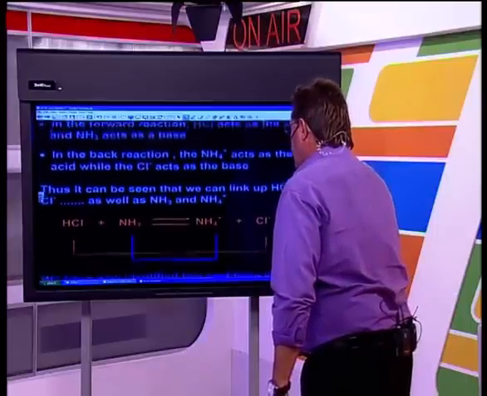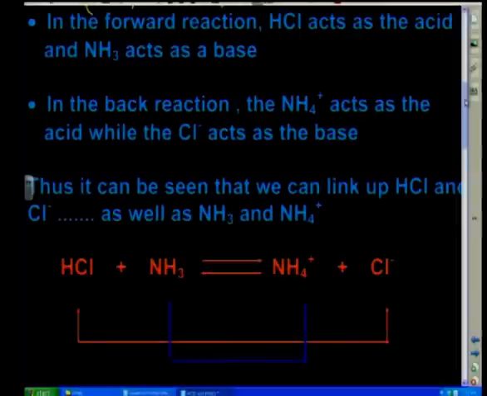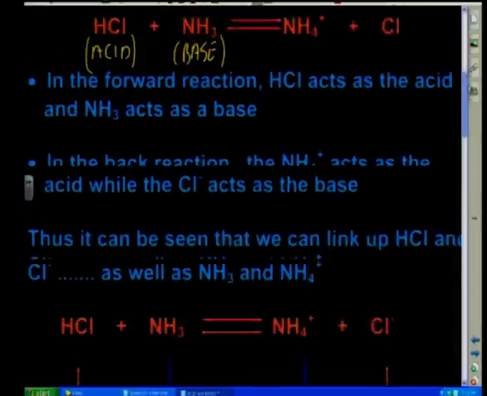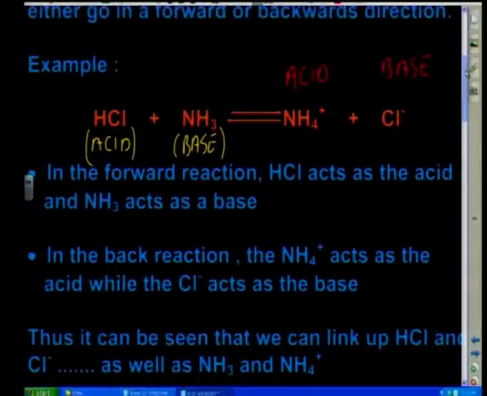Well, can you see now that we can link up certain substances, certain compounds from here? For example, HCl and Cl minus. Now, if we go back over here, can you see now that HCl and its residue Cl minus, when it goes forward, it's acting as an acid. When it goes back, the Cl minus is acting as a base.